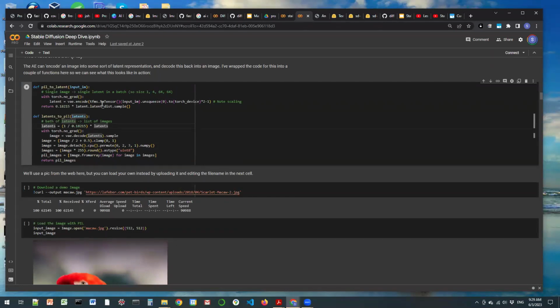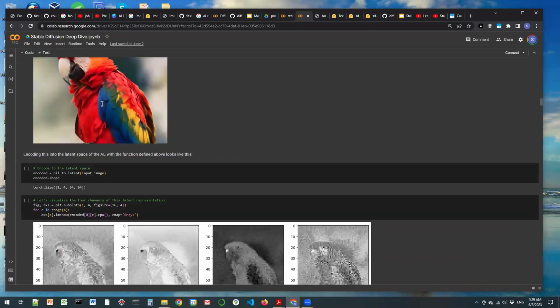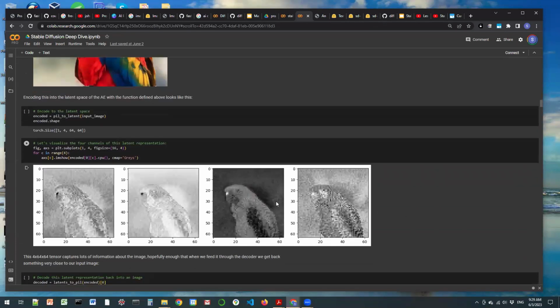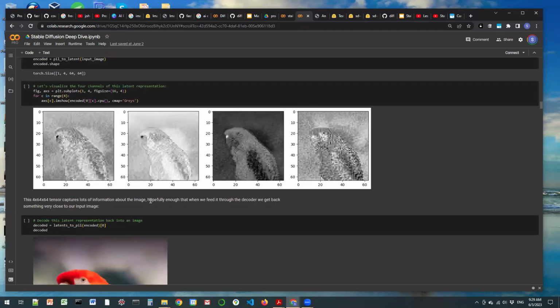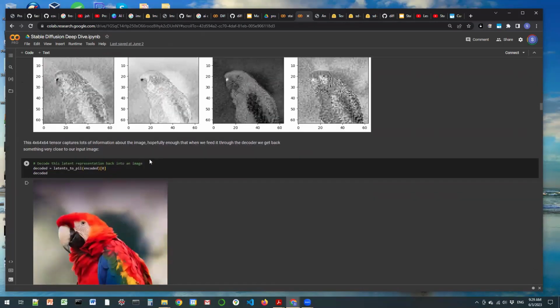He has a well-commented notebook, so you can go through it, and he just plots the 4 latents, and it captures a lot of information about the image, hopefully enough that we don't need to operate in 512 by 512 by 3 but can operate in 4 by 64 by 64. And then he just takes these latents and decodes them back.